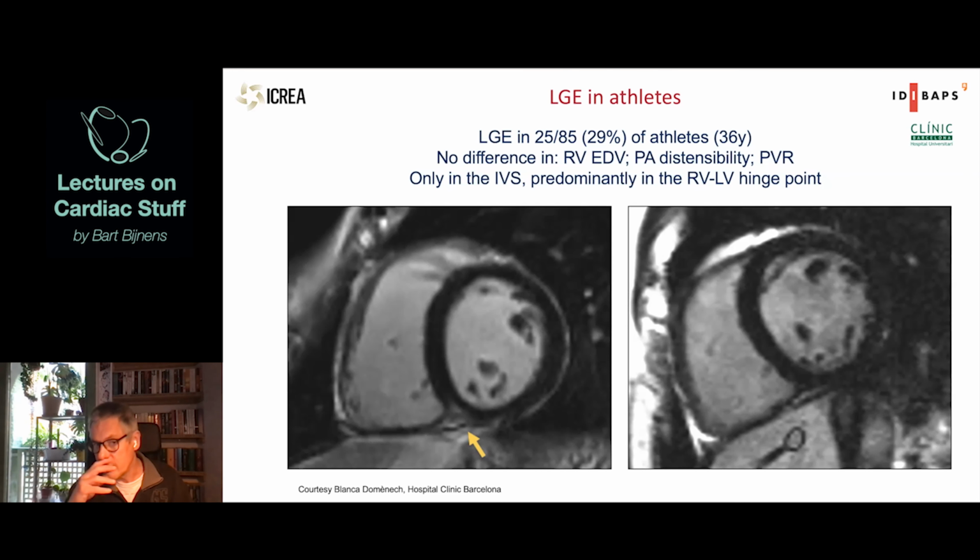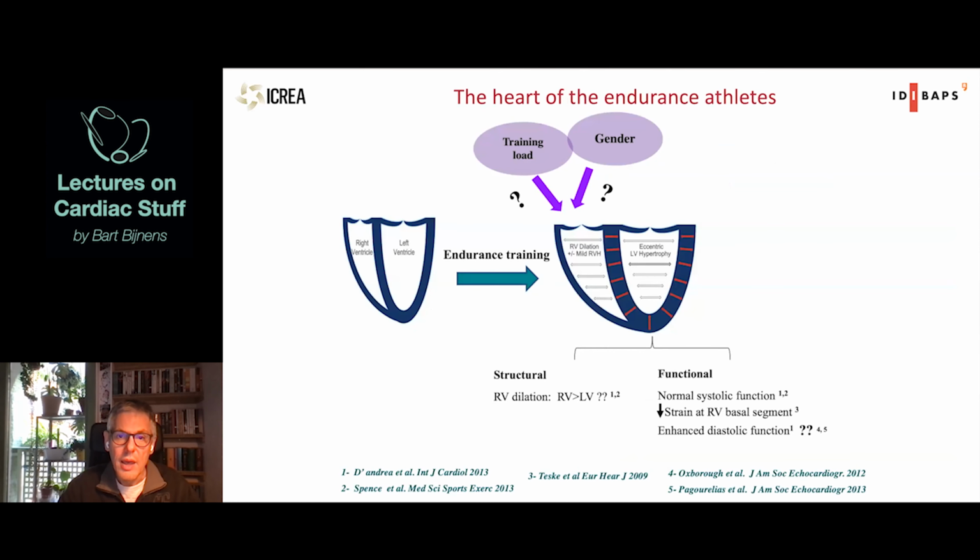So which again would point towards high pressures in the right ventricle, and because of its morphology, locally you might at some point have very high pressures, very high wall stresses. So there's a lot going on, and one of the things is also that we don't know so much yet, and studies are being done.